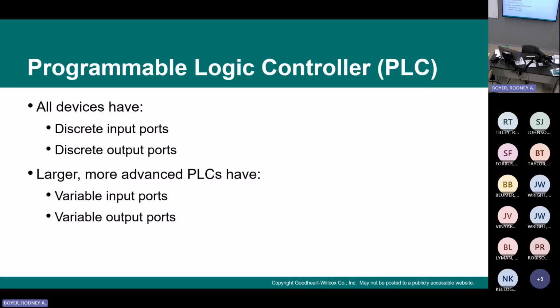Who can tell me what a discrete input or output is? What does discrete tell you?